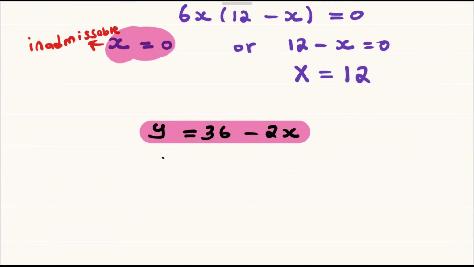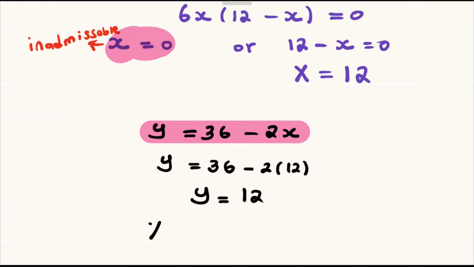In the place of the x, we are going to substitute the 12, and our y will be equal to 36 minus 24, which is equal to 12. So x is equal to 12 and y is equal to 12, and this will be our answer.